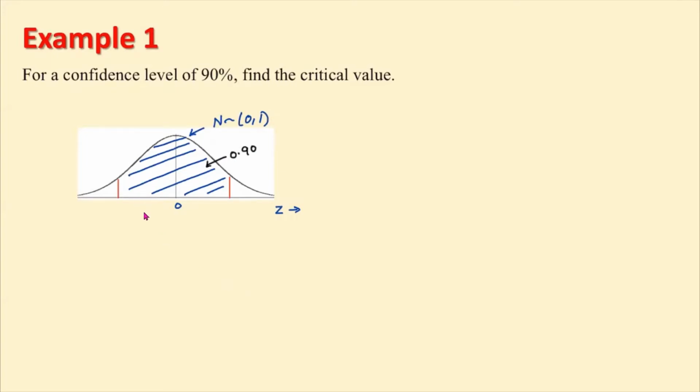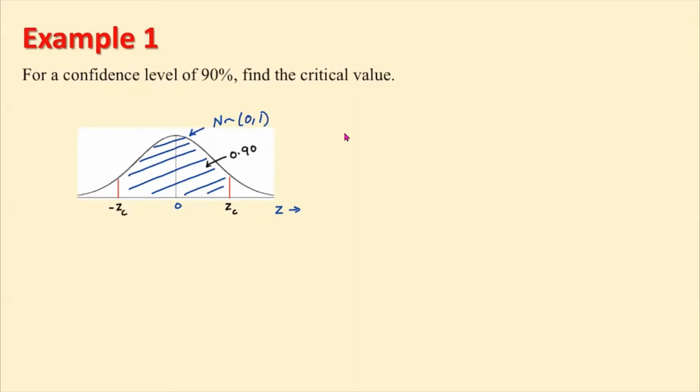The values that separate this middle 90% area from the lower 5% area and upper 5% area are the critical values. This is z sub c negative, and this is z sub c positive. This value is the critical value, and this one is the opposite of that. And we want to find that critical value.